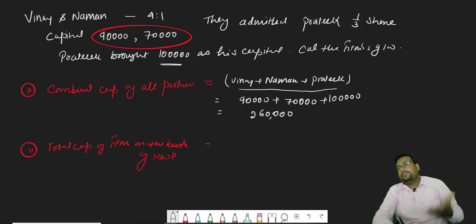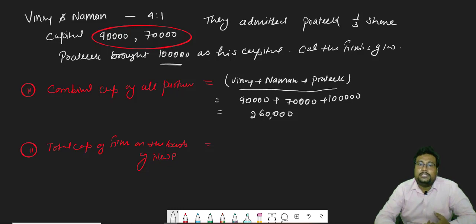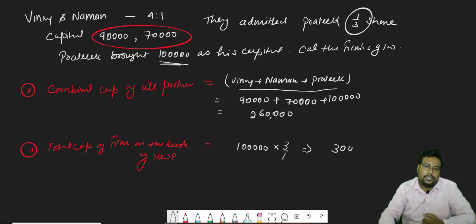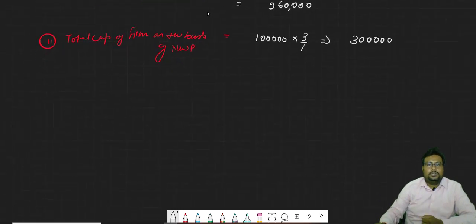If you practice 3 or 4 questions, it will automatically be learned. So, total capital of firm on the basis of new partner. What is Pratik's capital? 1 lakh rupees. And what is Pratik's share? 1/3, so it will be 3/1, the reciprocal. So the total capital is 3 lakh rupees.